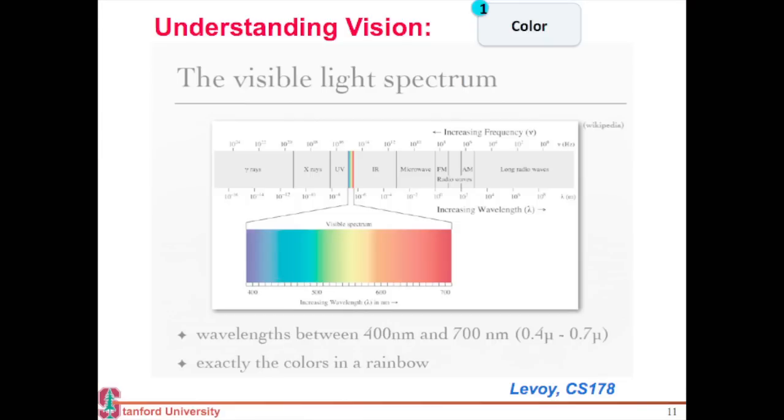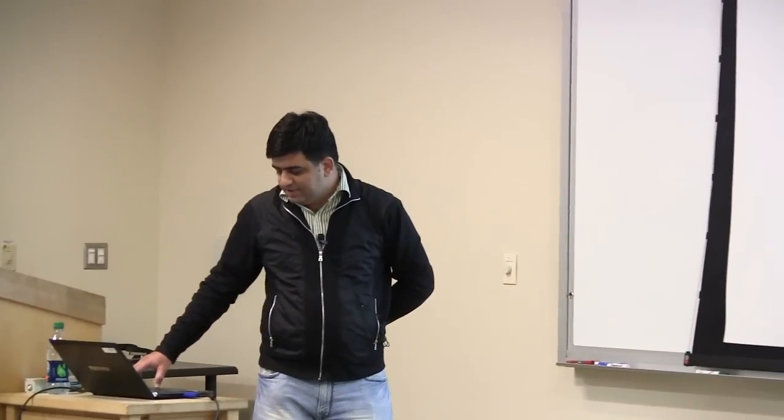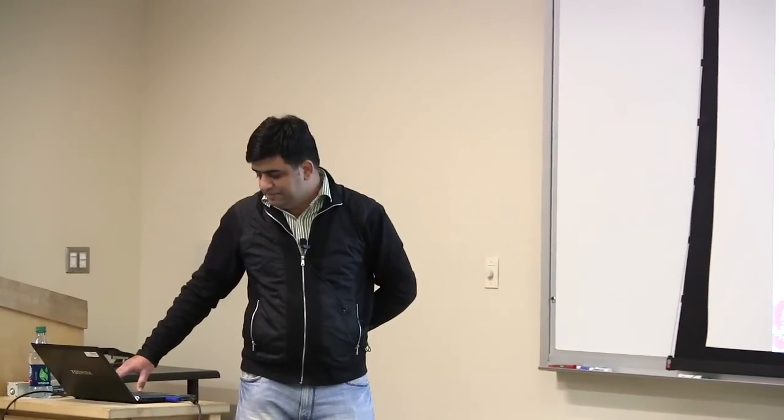So this, as we all know, is essentially splitting the light into the visible spectrum, which our human eyes can see between 400 to 700 nanometers, exactly the same as the colors in your rainbow.